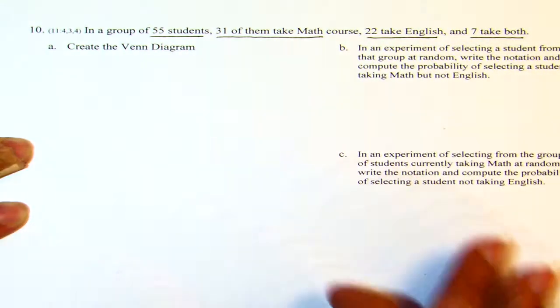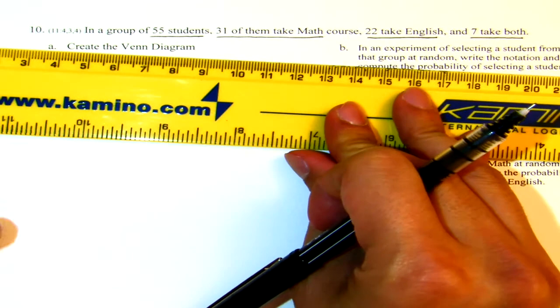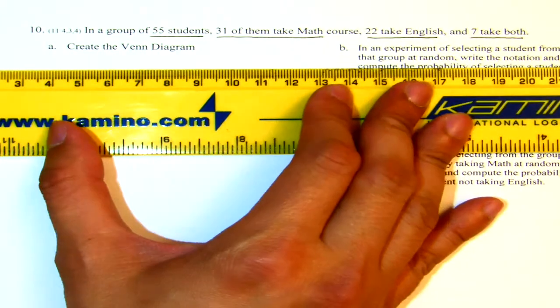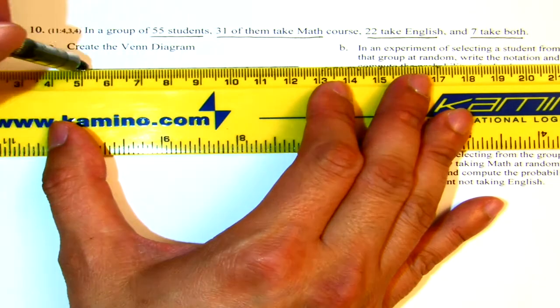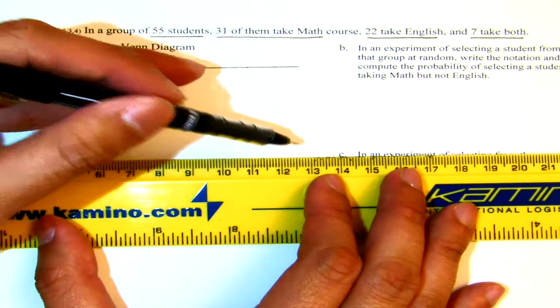Okay, now the first question is to create a Venn diagram. Like it or not, a Venn diagram is always inside a rectangle. So you have to draw the rectangle. Make it reasonably big.